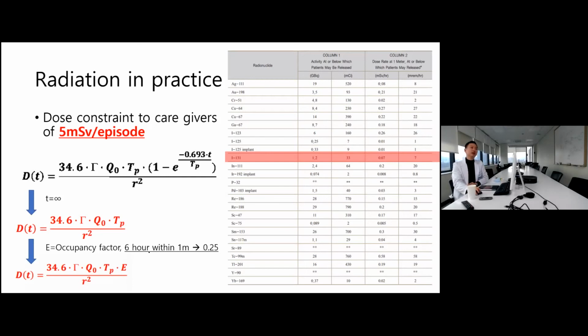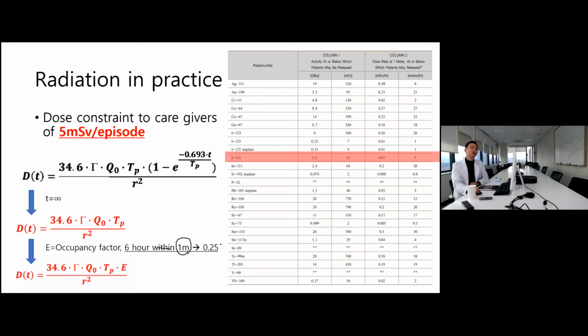So if your parents are with you within a 1 meter distance for 6 hours, then the occupancy factor will be 0.25.